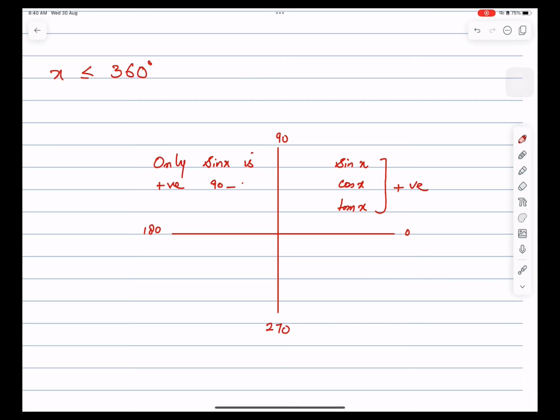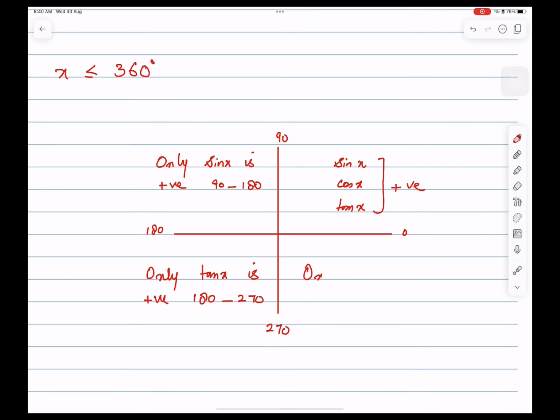Similarly, from 180 to 270, only tan will be positive. And from 270 to 360 degrees, only cos will be positive. That means you can plug any value from 270 to 360, and cos will be positive.